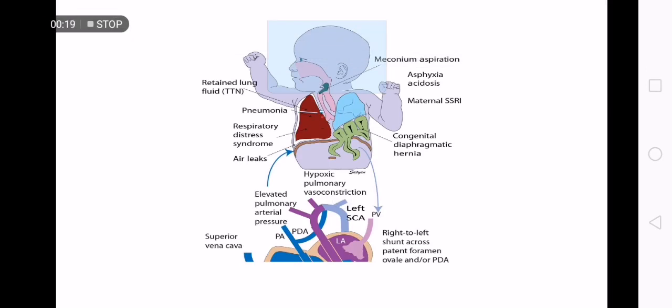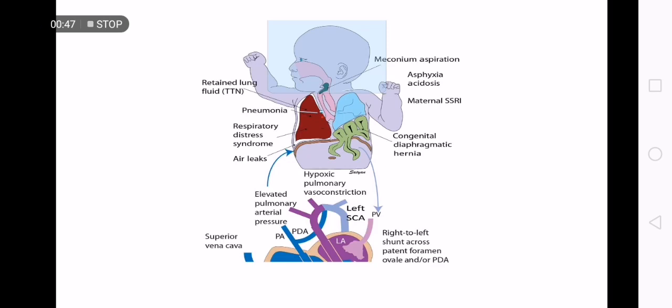These are the most common causes of neonatal pulmonary hypertension in pediatrics. Most probably they are secondary to lung causes like TTN, congenital pneumonias, meconium aspiration, respiratory distress syndrome or air leaks, congenital diaphragmatic hernias, maternal infection, asphyxia or acidosis.